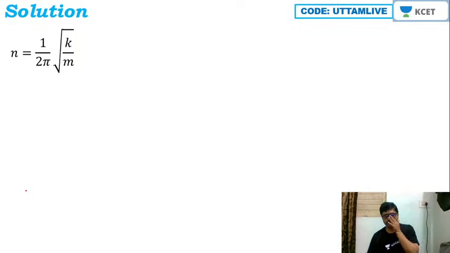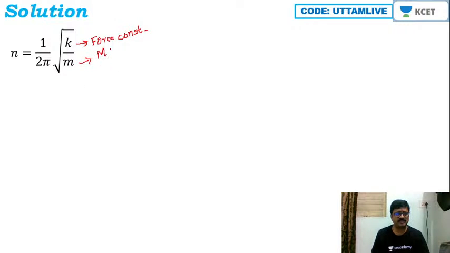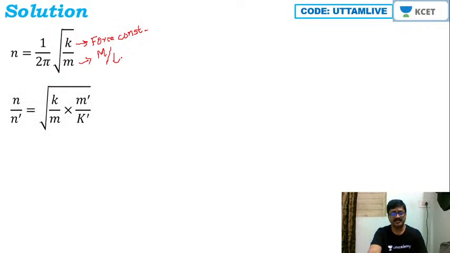In this question we'll use the frequency equation given by 1 by 2 pi into root of k by m, where k is the force constant and m is mass per unit length, that is capital M by L. Accordingly, I can write the ratio of two frequencies. n by n dash will be equal to root of k by m into m dash by k dash.